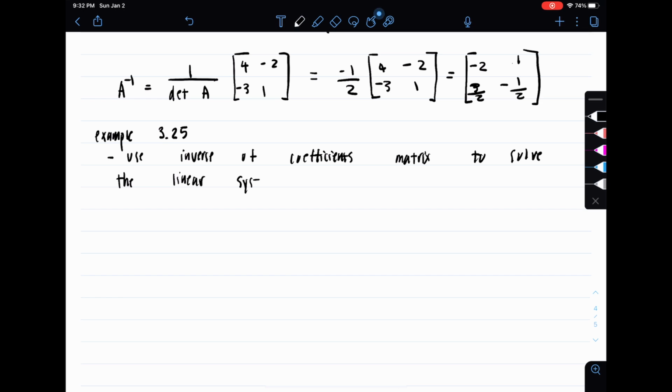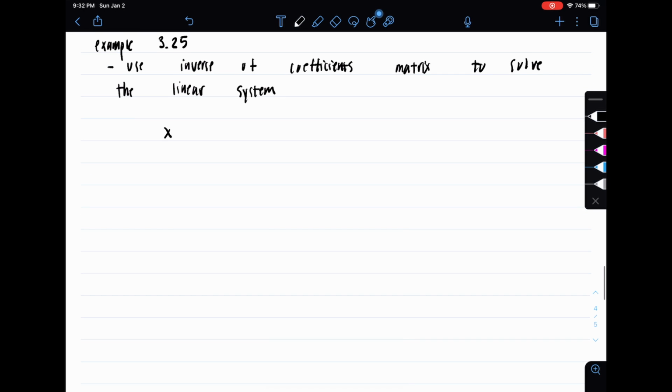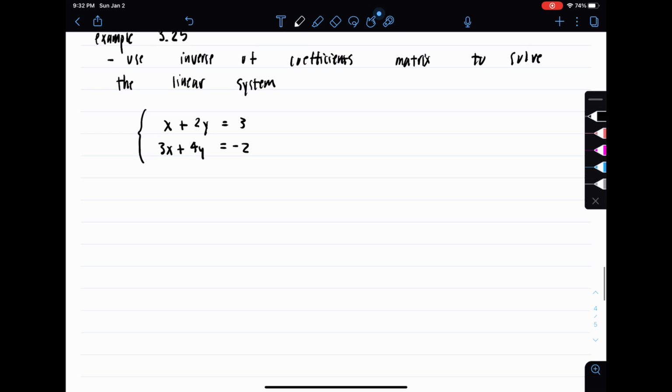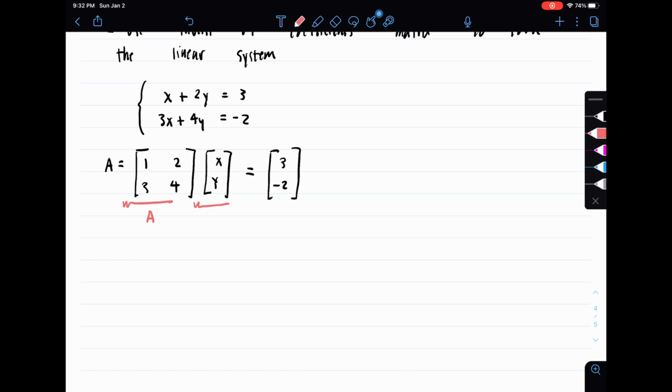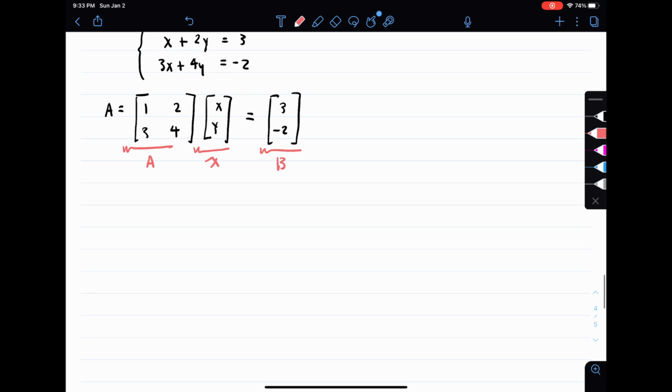Given the system of equations x plus 2y equals 3 and 3x plus 4y equals negative 2, we can write this in matrix form where it's [1, 2; 3, 4] times [x; y] equals [3; negative 2]. As you can see, we can clearly label these as A, X, and B.